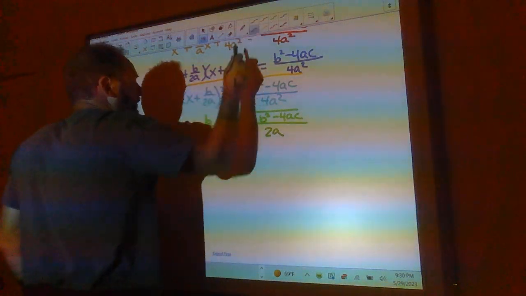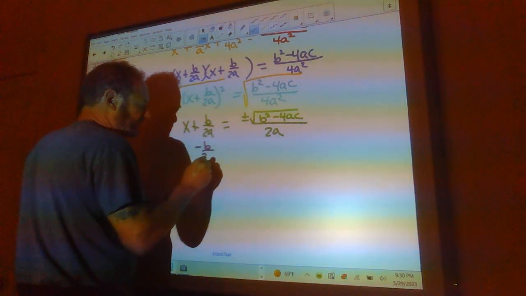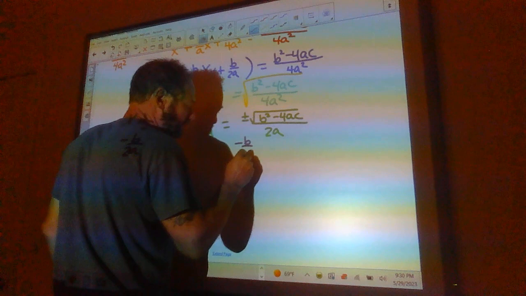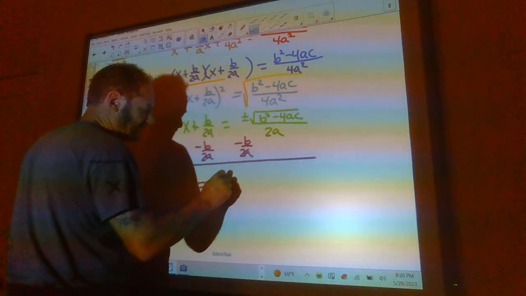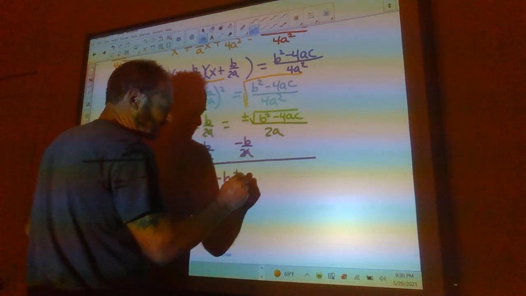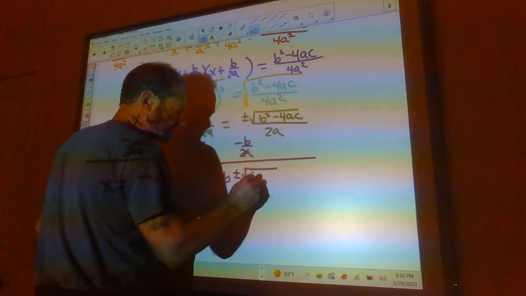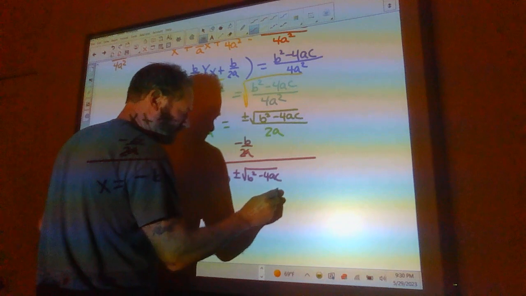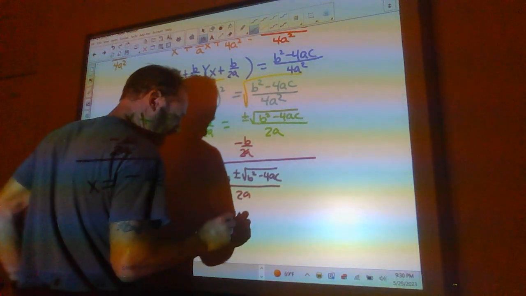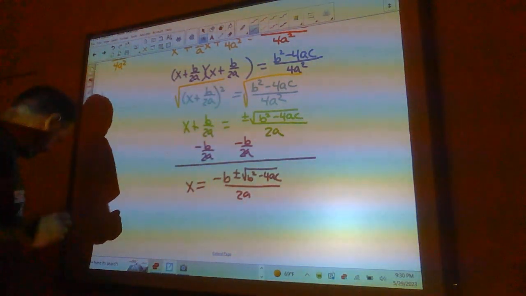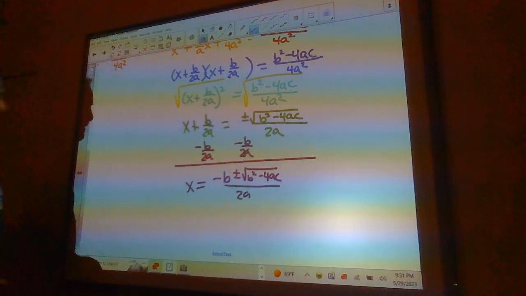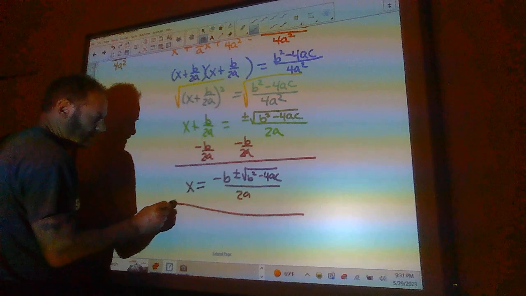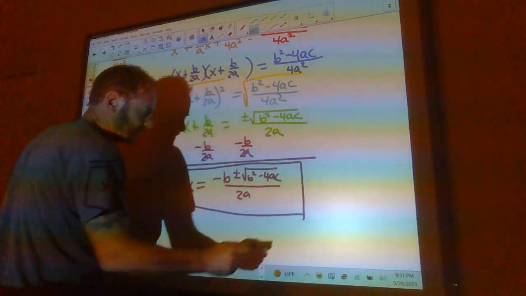And now what we can do is subtract b over 2a from both sides, and we get x equals negative b plus or minus the square root of b squared minus 4ac all over 2a. Okay, and there is our quadratic formula right there.